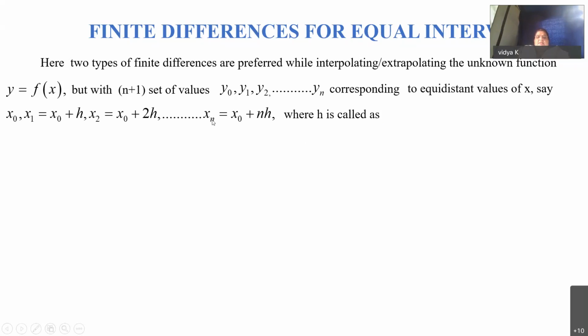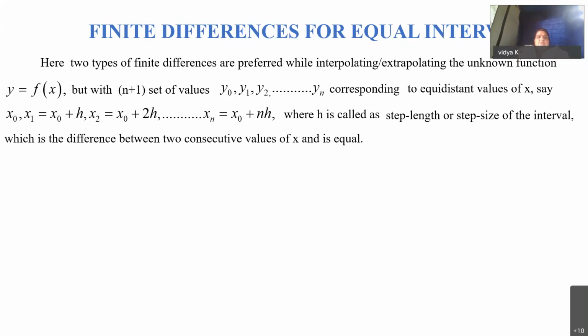Similarly, the nth term xn is got by adding n times the step length h to x0, where h is called the step length or step size of the interval, which is the difference between two consecutive values of x, and it should be equal because we are considering equal intervals. So for those values of x where the difference between two consecutive values is the same h, we have those values of x together with their corresponding values of y of the unknown function y equal to f of x, where y depends on the independent variable x.